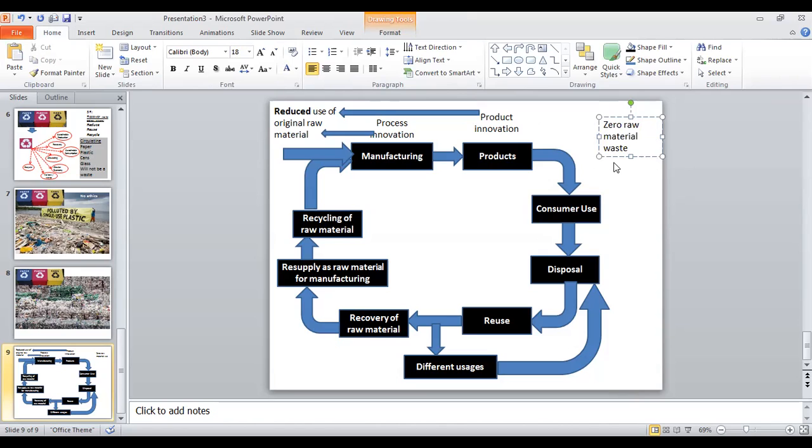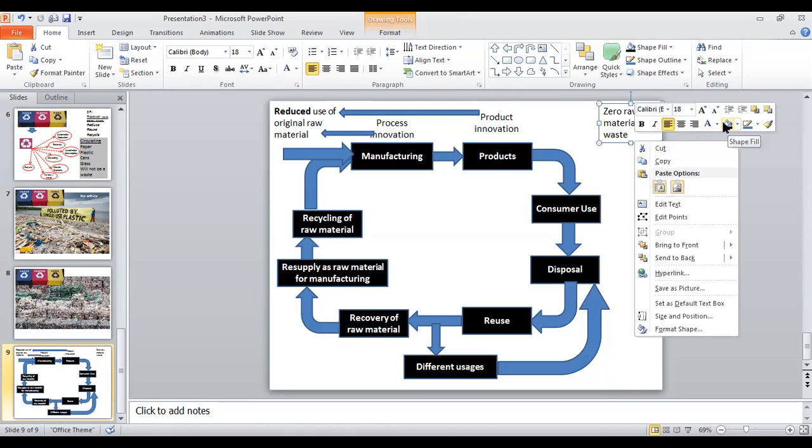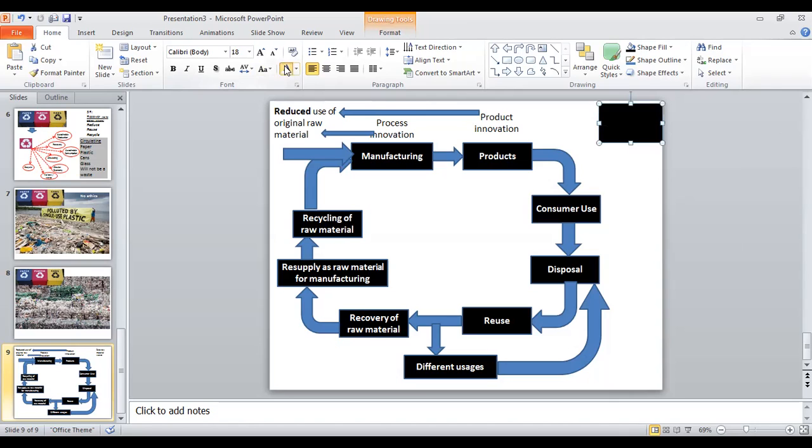Means no raw material waste. Interesting. Okay, zero raw material waste.